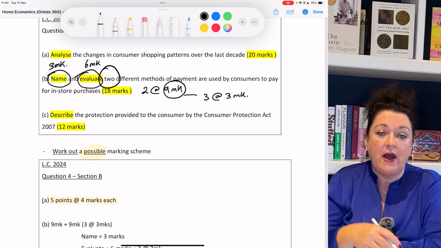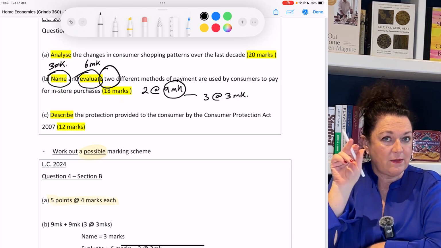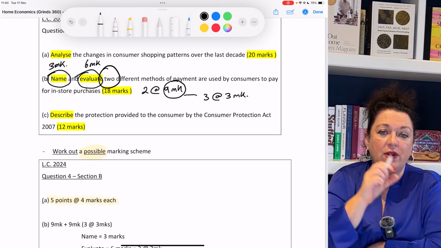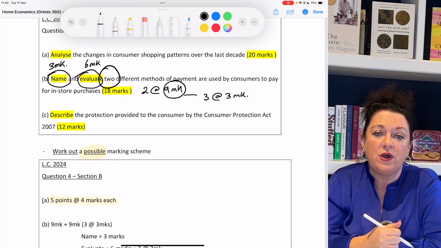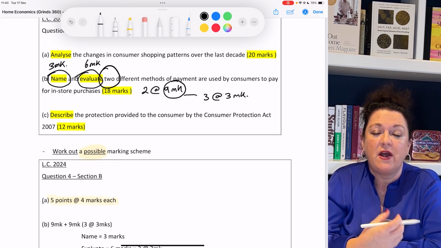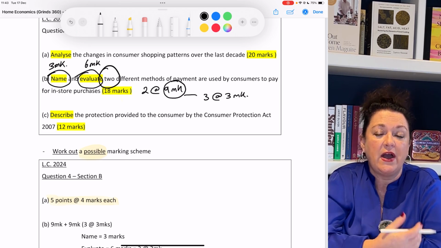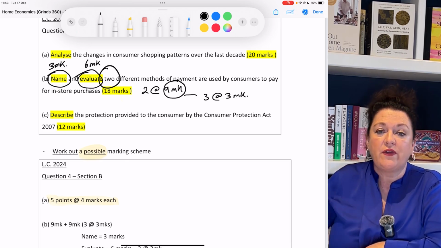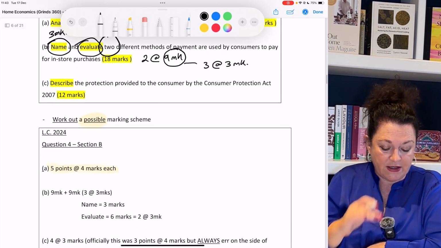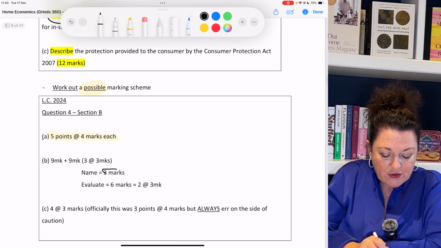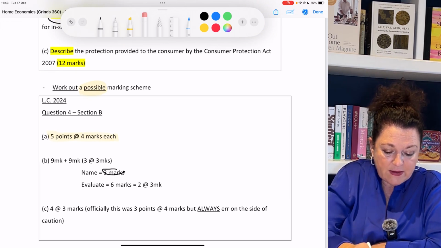So I know, by having worked out a possible marking scheme, 3 will go for the name and they'll only want 2 subpoints. The term evaluate then means advantage, disadvantage, and there you are working with the official marking scheme, not against it. So the name was actually 3 marks, which we need to note there.